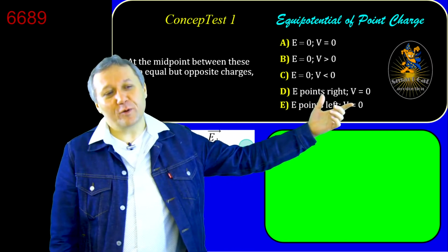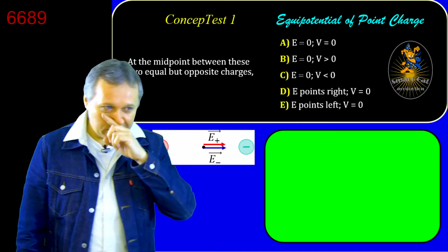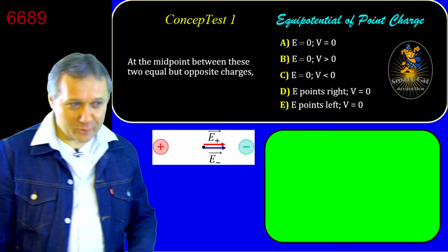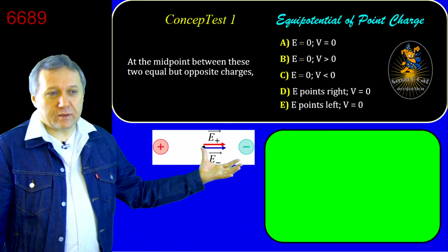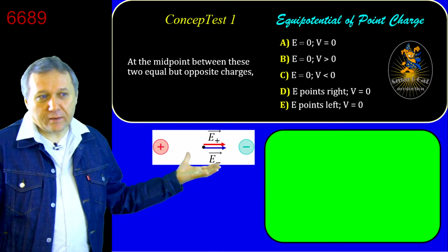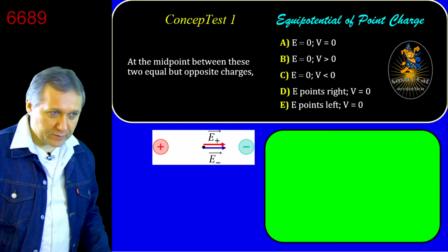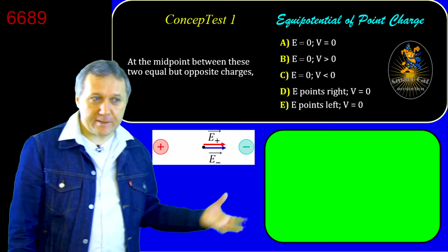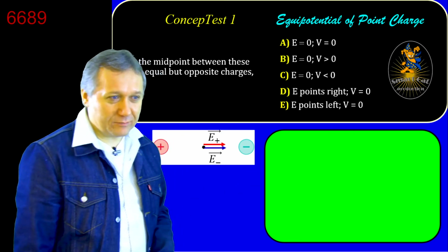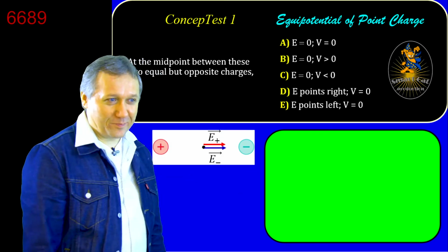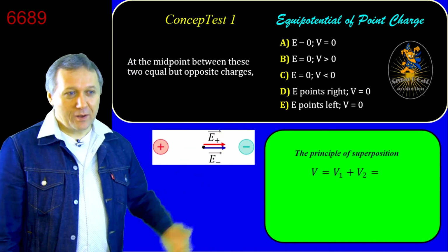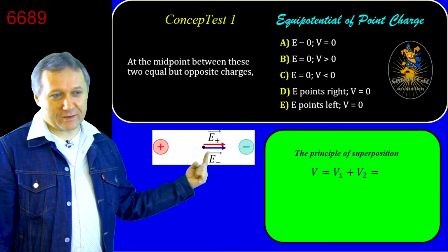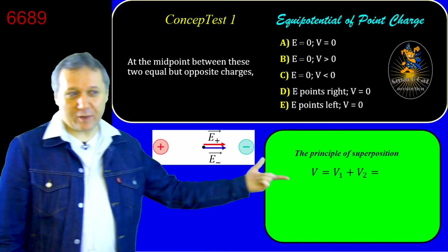So now let's confirm that the net electric potential is 0 as well. I just applied the principle of superposition to the electric field, and now the principle of superposition for the electric potential. Let's just add two numbers, because electric potential is a scalar quantity. So V at the point equals V1 plus V2.